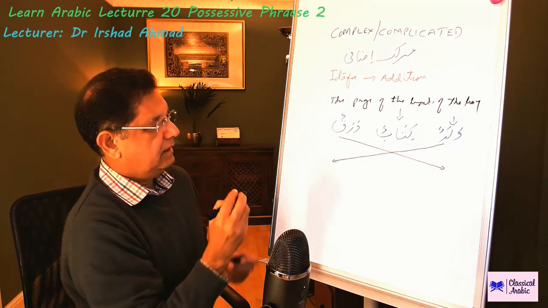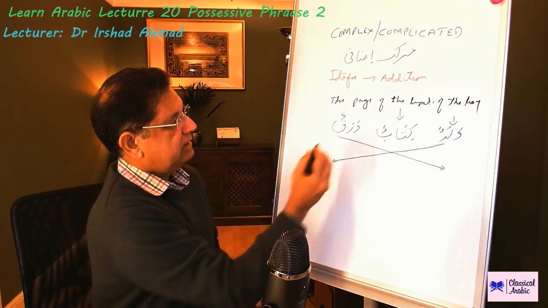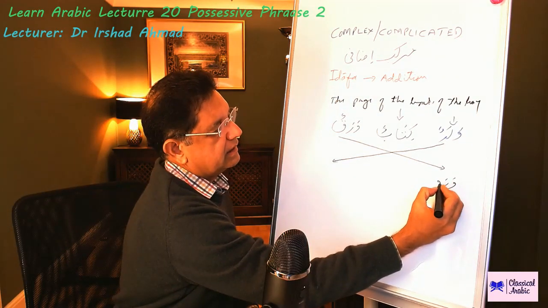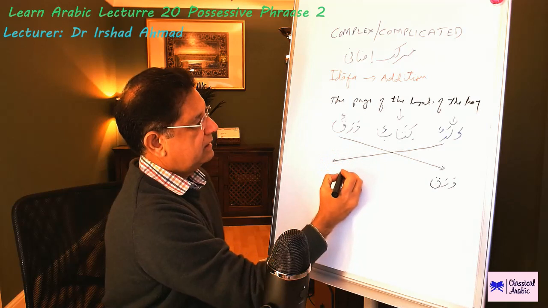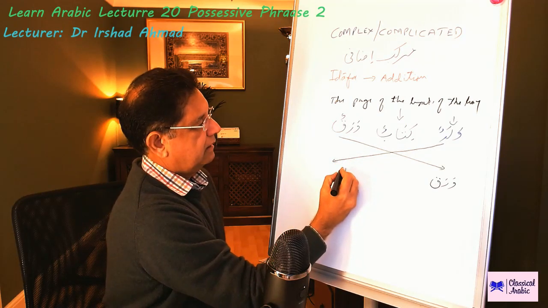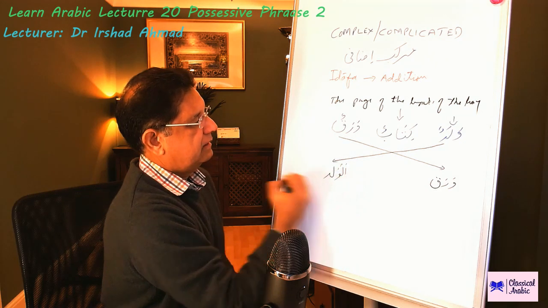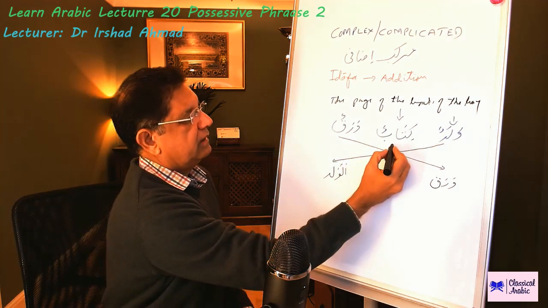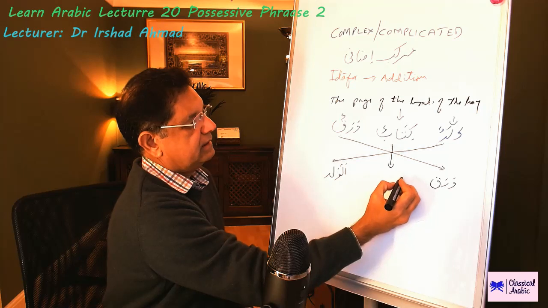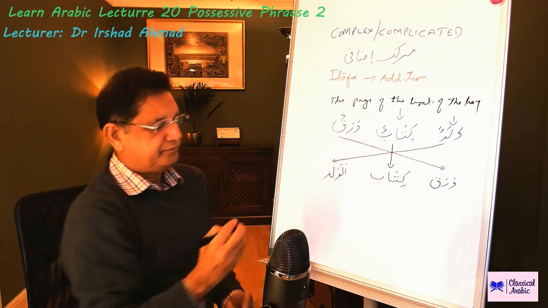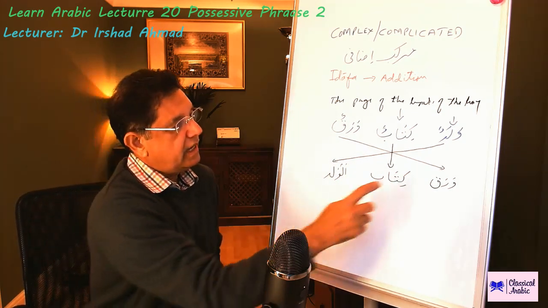So this will become warak. Let's write warak here, and this al walad, and then we can put kitab here in the center.